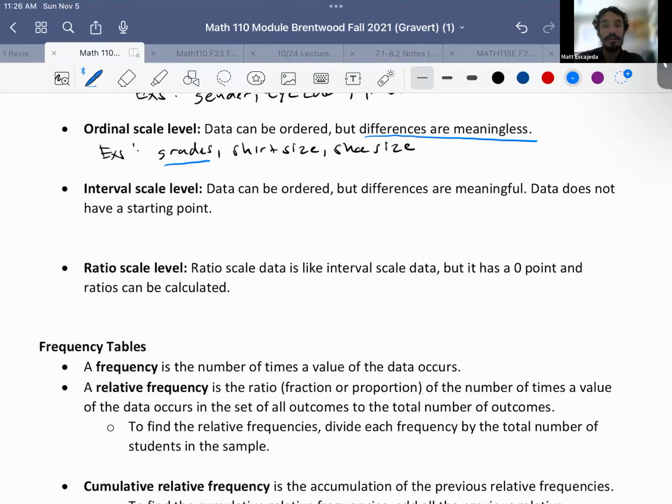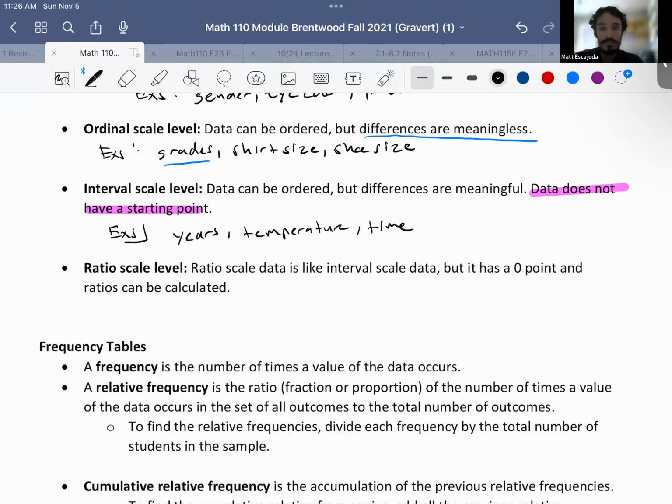But in this case, data does not have a starting point. Data does not have a starting point for interval scale level. Some examples of this are years, temperature, time, and so on.